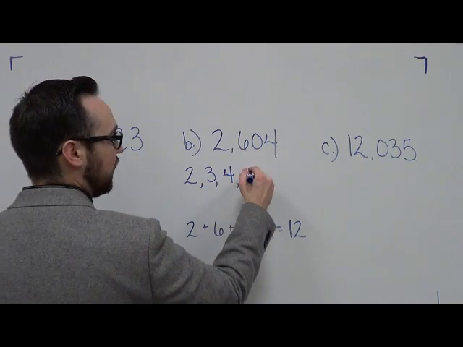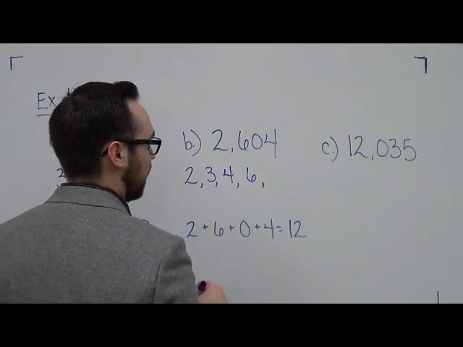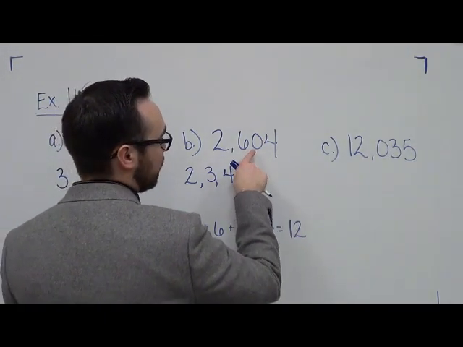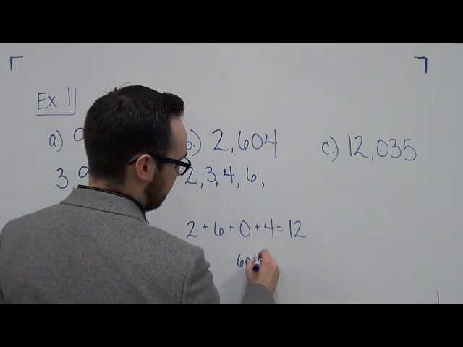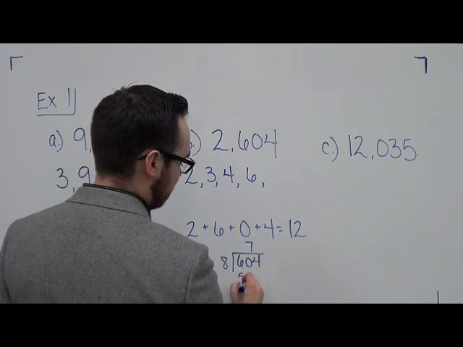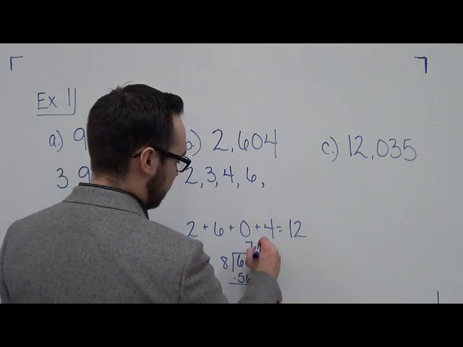It's 2 and 3, so that means it's divisible by 6. 604, so if we look, 8 goes into 60 7 times, so if I just do a quick division here, 8 goes in there 7 times, so we get 44 left over.